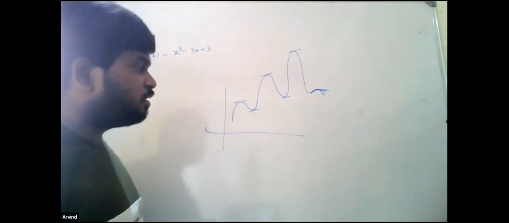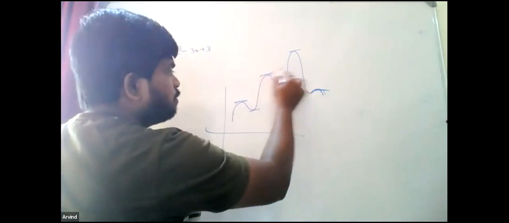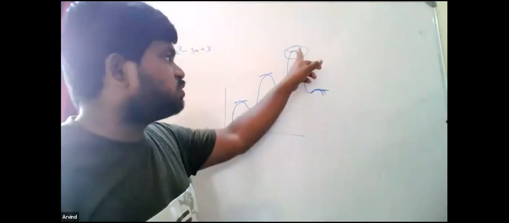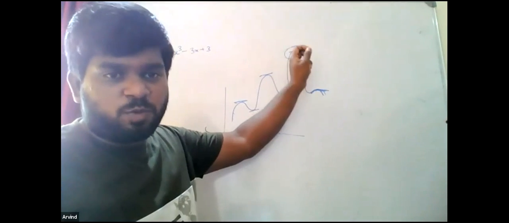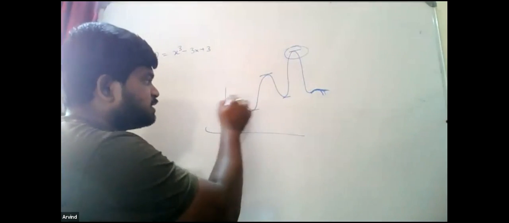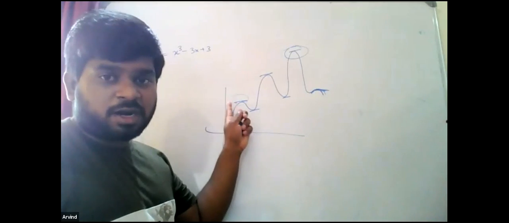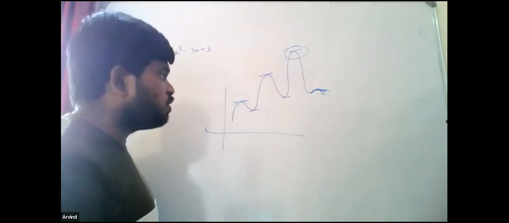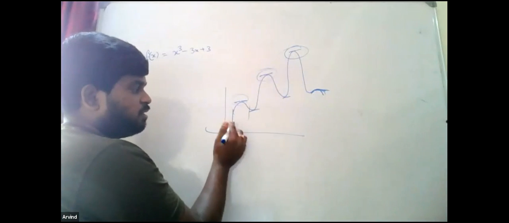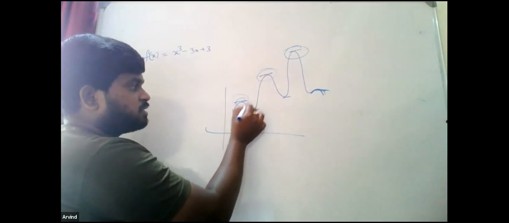But observe, among all these maximums, one will be the highest. That is known as the absolute maximum, a value which is always greater compared to all other values. Is this value always greater compared to this? No. Observe, there is something else. Between this interval, this is maximum.